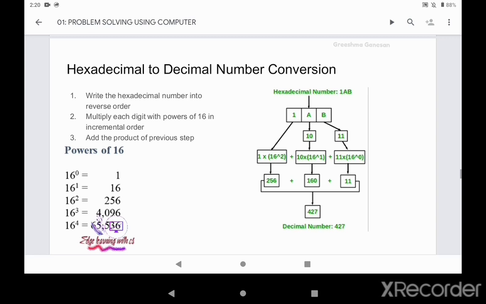So let us find the answer here. 11 into 16 raised to 0 is 11 into 1, so the answer is 11 itself.